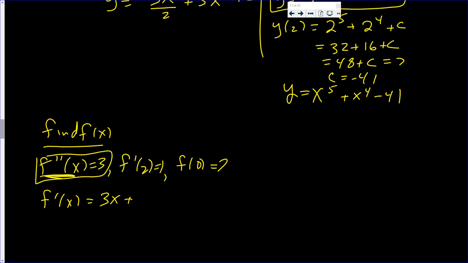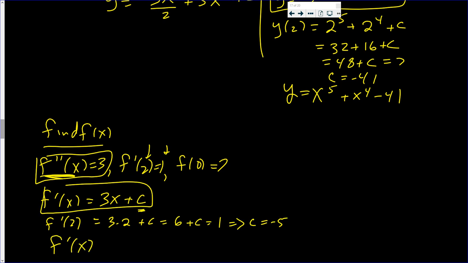When I plug in 2, it's supposed to give 1. That'll help me solve for c. So f prime of 2 is equal to 3 times 2 plus c, which is 6 plus c, which is 1. So that implies c is negative 5. Let me update this: f prime of x is 3x minus 5. But they want me to find f of x.